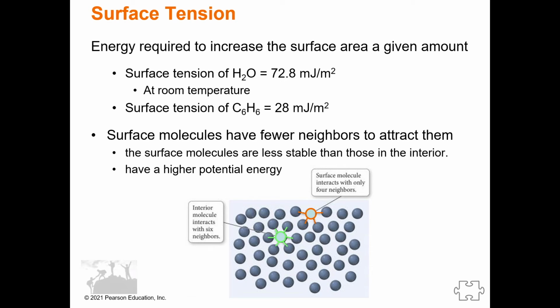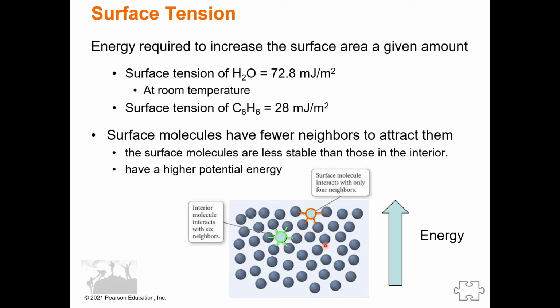So going back to the chapter with potential energy, if a system has a lot of potential energy, then the less stable it is. So we can say that this interior molecule has less potential energy and is thus more stable.